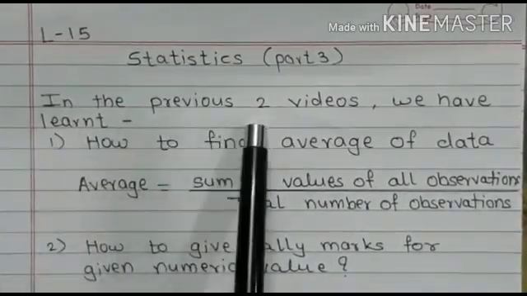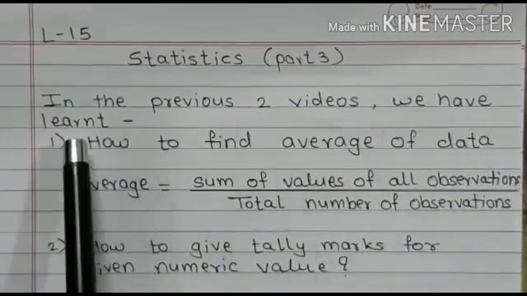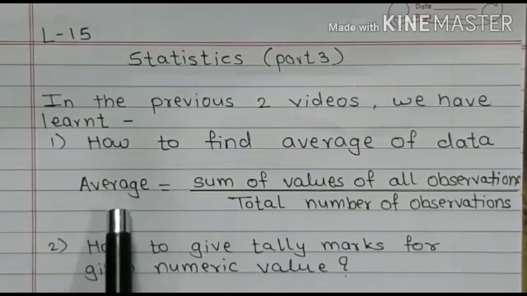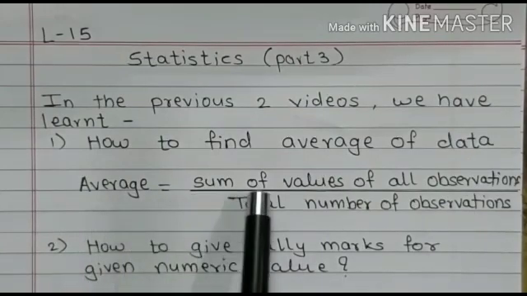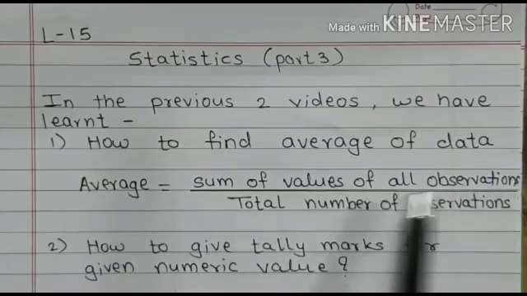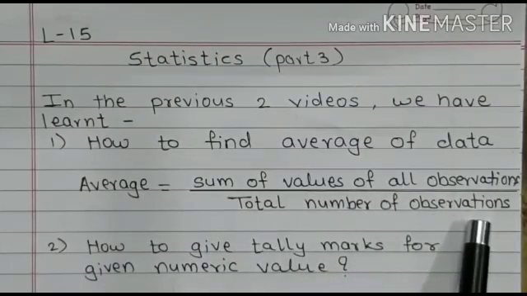In the previous two videos, we have learnt how to find average of data. You all can recall the formula to find average is sum of values of all observations upon total number of observations in the given data.